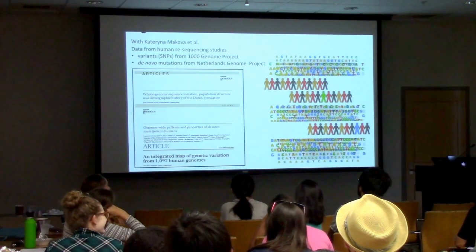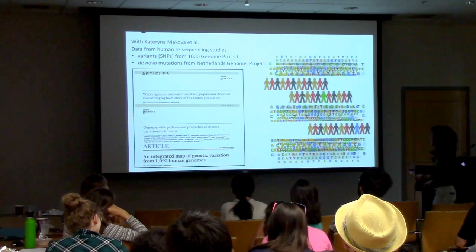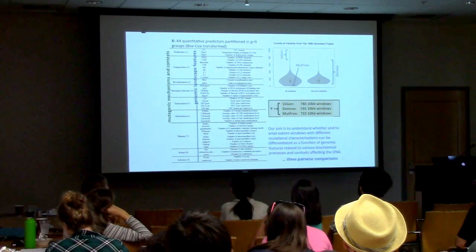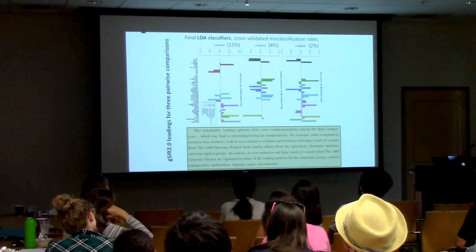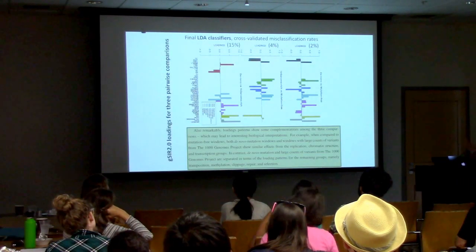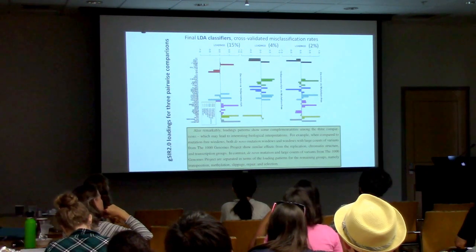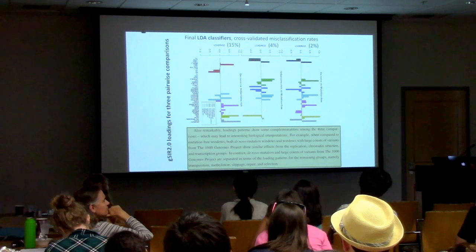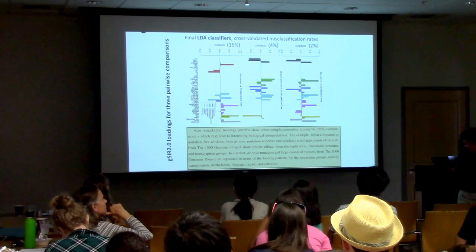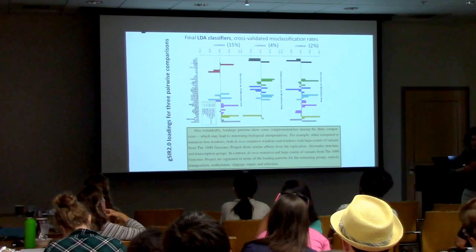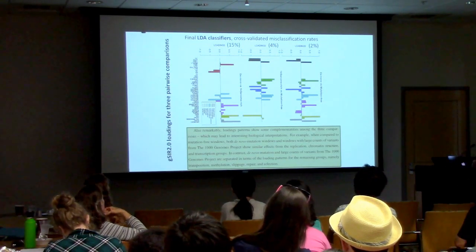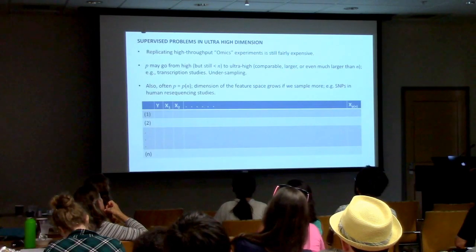It starts the same, but it's not the same. All right. And again, we got some very interesting stuff out of this too. You see how SNPs and de novo mutations have some common patterns, but also some mirroring patterns that are kind of interesting.